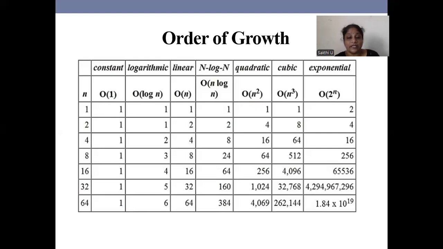Then go to quadratic, 64 power 2, that is 4096. When we go for cubic, that is 262,144. And think of exponential, the value is very, very high. That algorithm can take a week or 1 month or 3 or 6 months to solve some problems. So an algorithm with exponential complexity is not an efficient one.